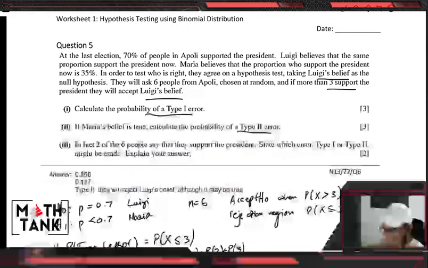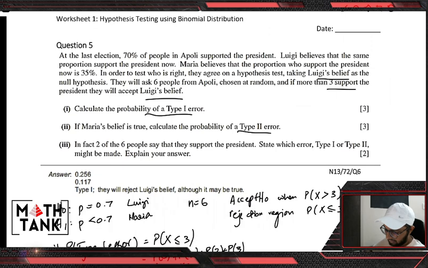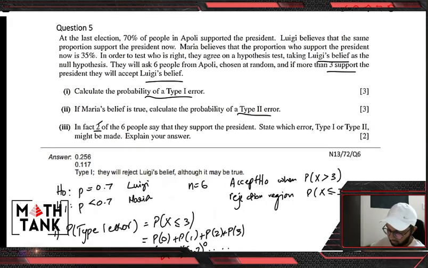Then it says, in fact, 2 of the 6 people say that they support the president. So my test statistic is basically 2. Let's see if that is in the critical region or not. State which error, type 1 or type 2, might be made.